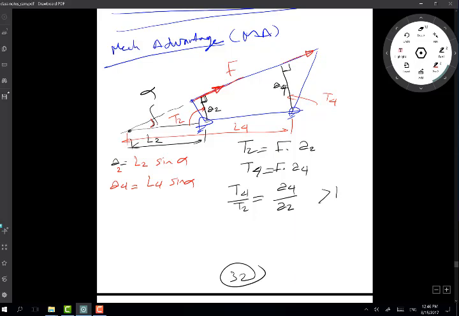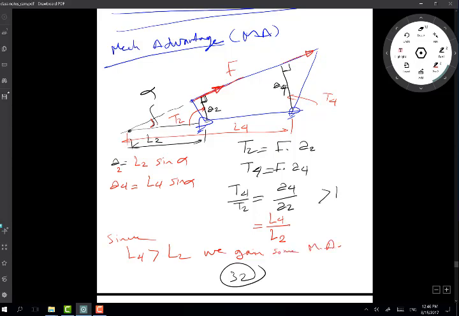Then the ratio is equal to L4 over L2, because sine alpha will cancel out, and hence, because L4 is greater than L2, we gain mechanical advantage, right?